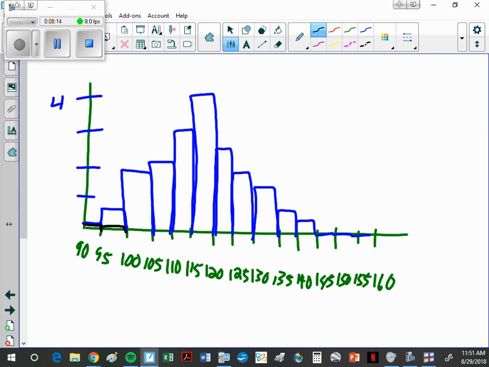So the 100 would be 1.2. What's the next one? So 9. 9 divided by 5 is 1.8. Okay, next one.